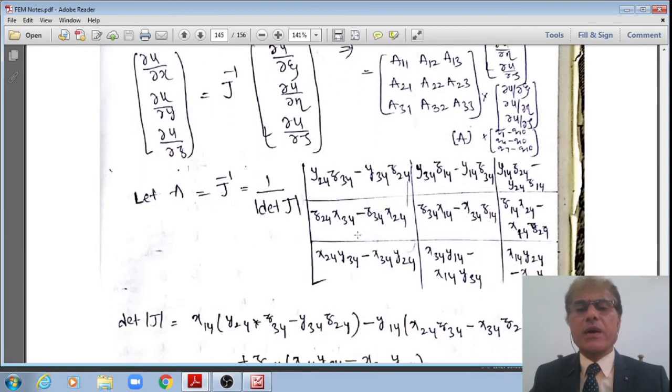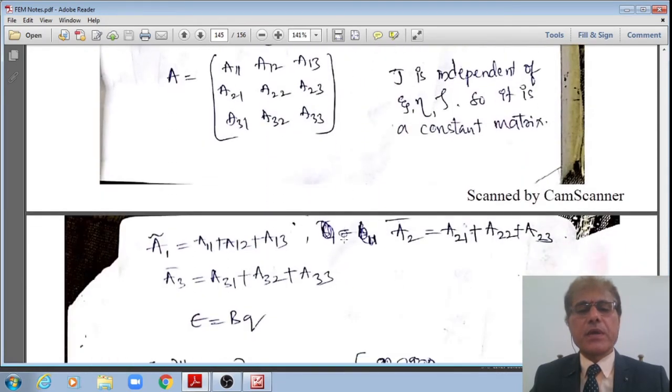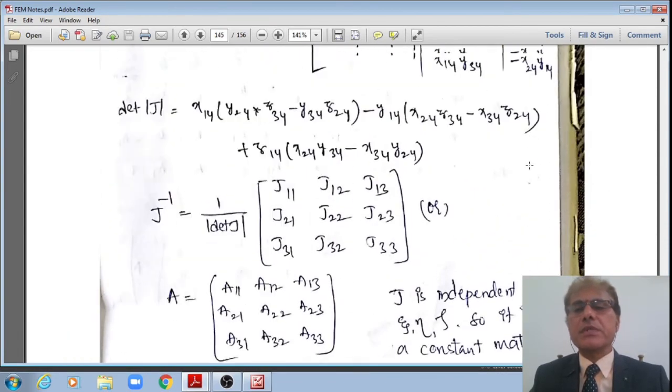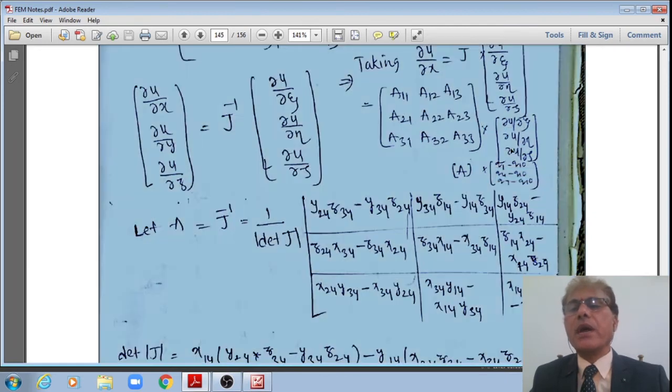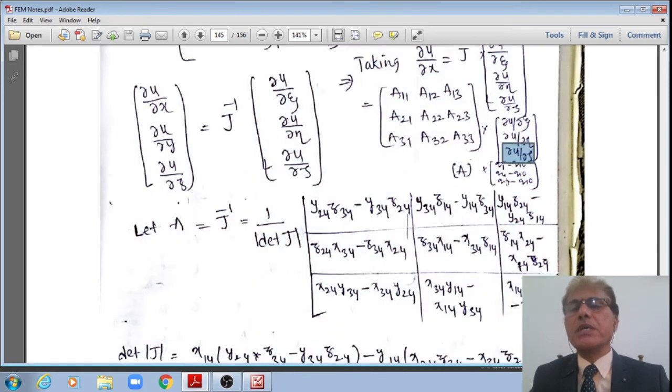But we already know what these terms are. ∂u/∂ξ is nothing but q1 minus q10, as we already saw in the previous discussions. Similarly, ∂u/∂η is q4 minus q10, and lastly ∂u/∂ζ is equal to q7 minus q10.